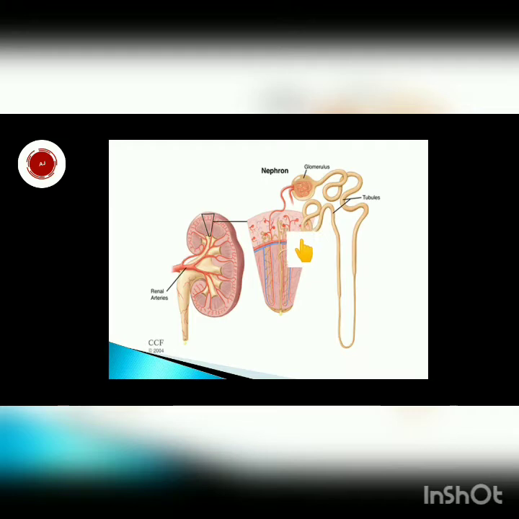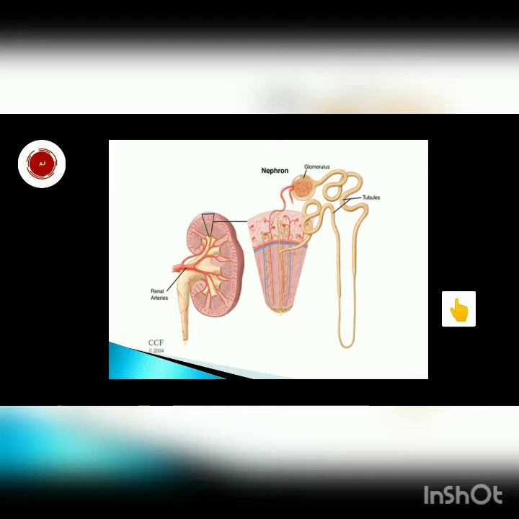Millions of nephrons are present inside me, and these are the filters. You can see this is a nephron. How tubular it is; you might be surprised that with such long tubes, millions of nephrons are present inside us. So this is one nephron. You can also see these terms, glomerulus, tubule. I will make you familiar with these terms also.